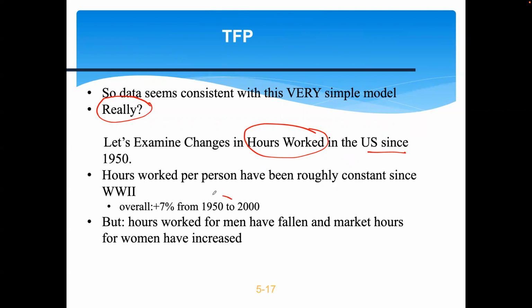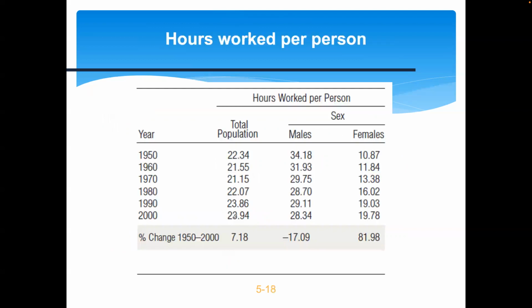During this time period of about 50 years, it has barely changed, increasing by 7%, very small. However, if we take a closer look, hours worked for men has fallen, but hours worked for women has increased. This shows up in this table.